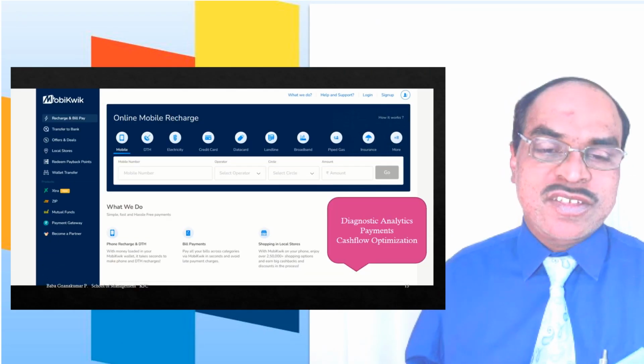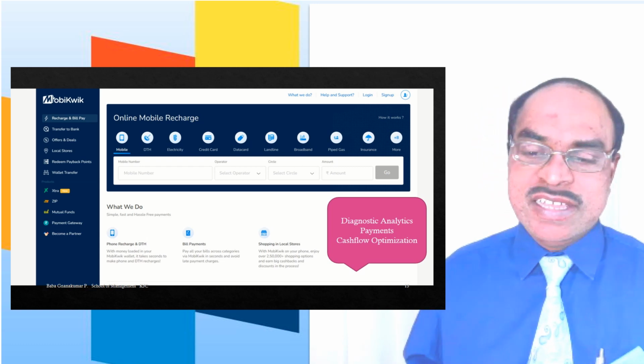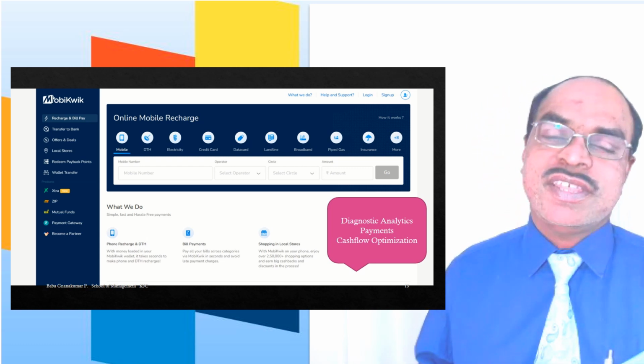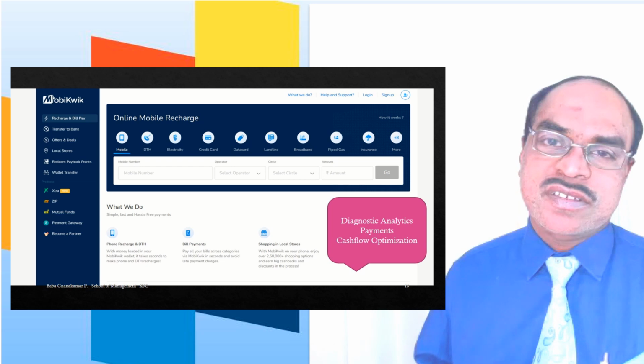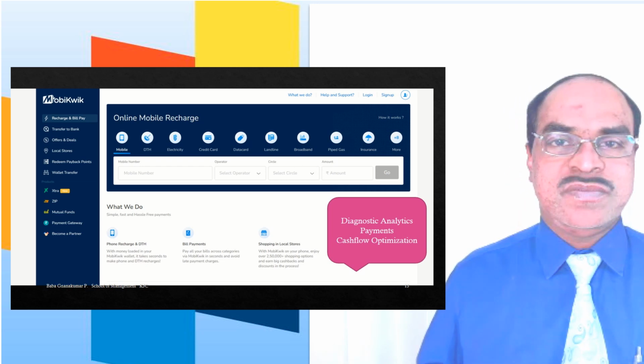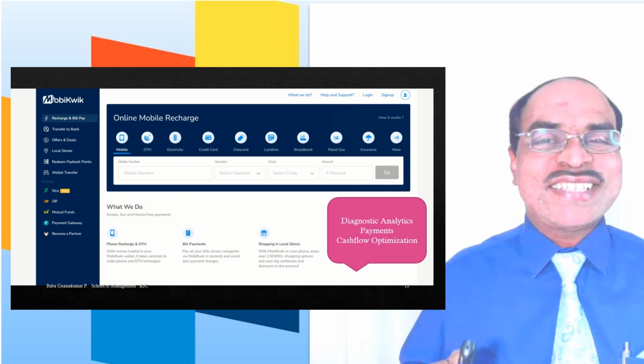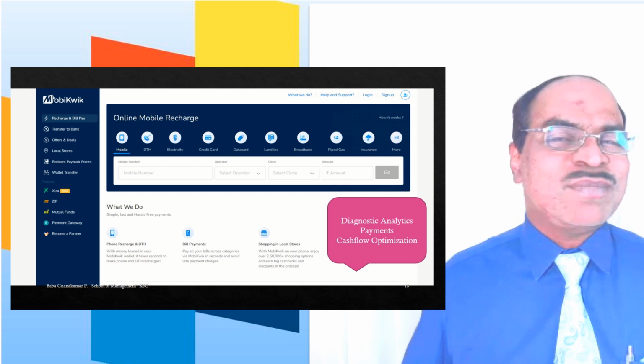Coming to MobiKwik, they are very good in cash flow optimization. They use diagnostic analytics. Cash flow optimization means how much cash a person needs, how he is spending, what is the maximum level a customer can spend.